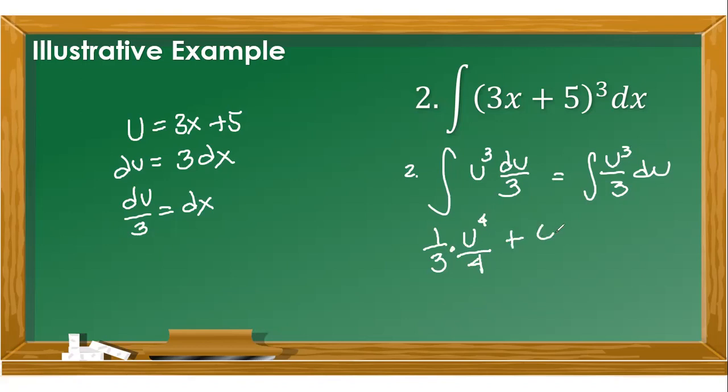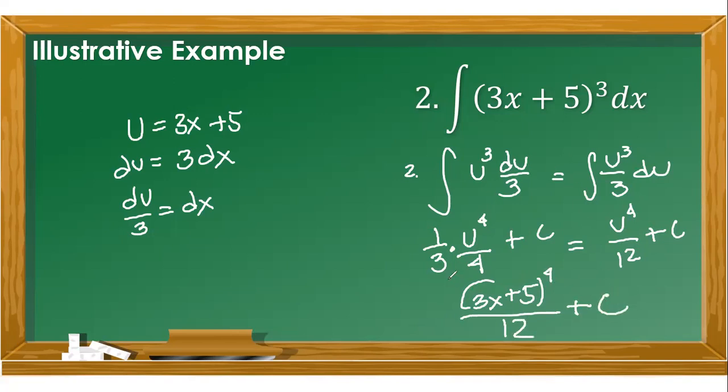Simplify our answer, we get u to the 4th over 12 plus c. Bringing back the value of u, we get (3x plus 5) raised to the 4th all over 12 plus c. And that will be our final answer.